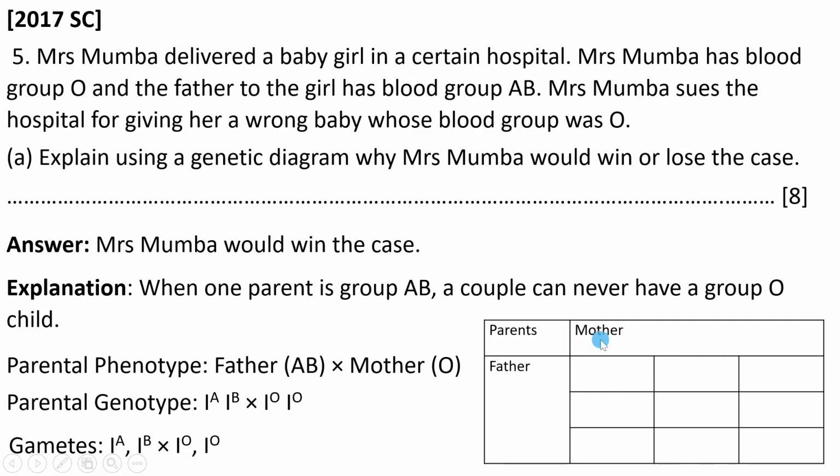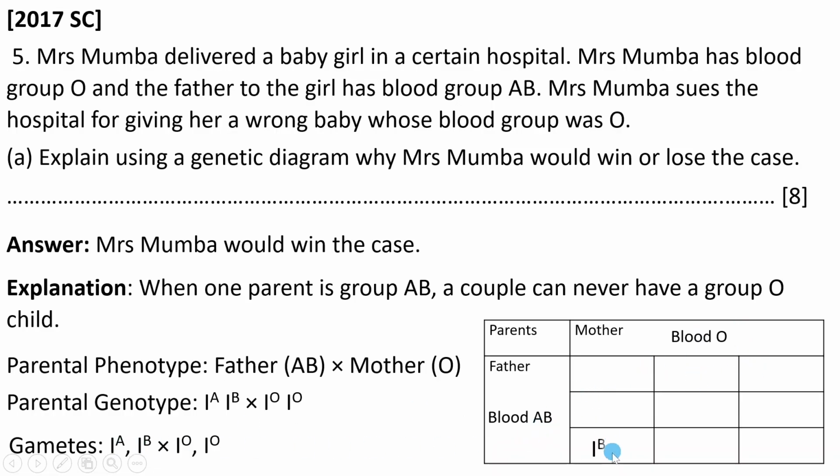So when we use a Punnett diagram, we have father, mother. So the father's alleles are here because the father is blood group AB. The mother's alleles will be here.